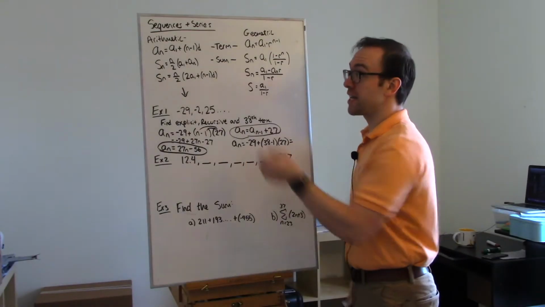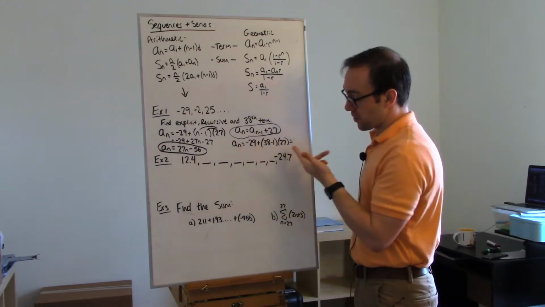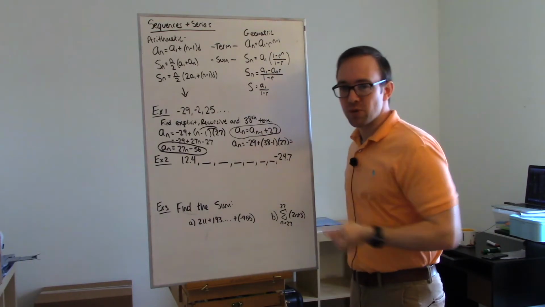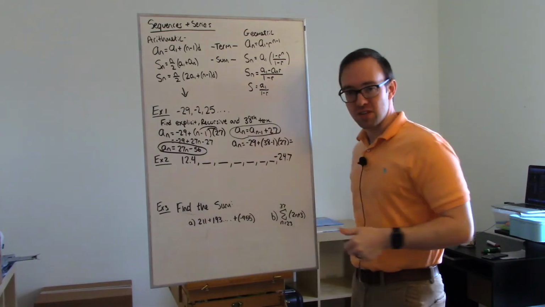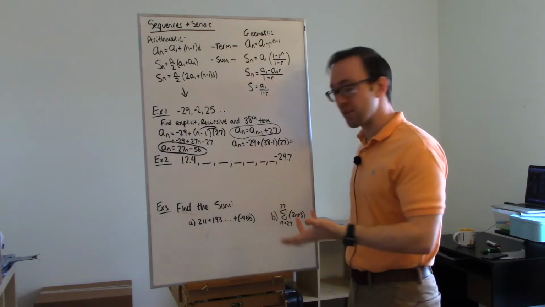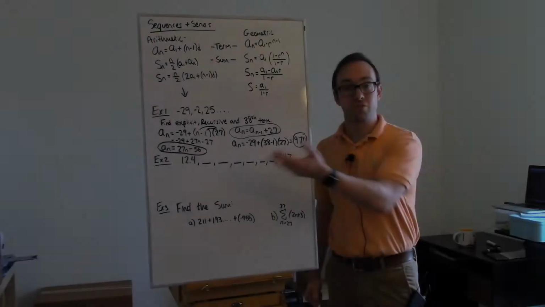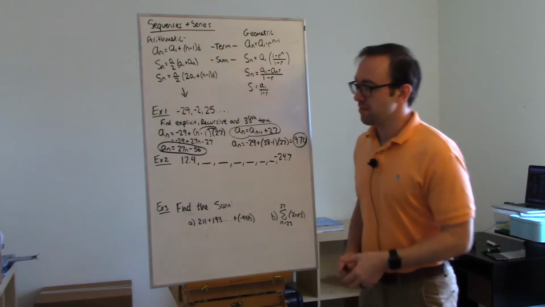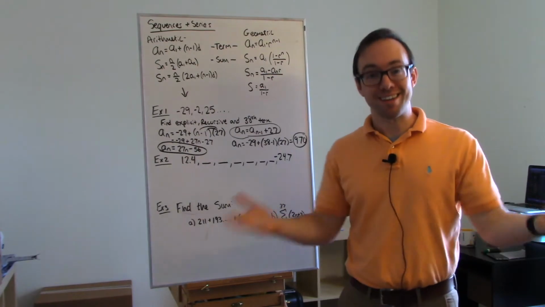If you wanted to plug 38 into the original term formula, I went ahead and put that in, and then all you would do is calculate negative 29 plus, in parentheses, 38 minus 1, or 37, times 27. After you calculate, you should get 970. And that finishes example 1.